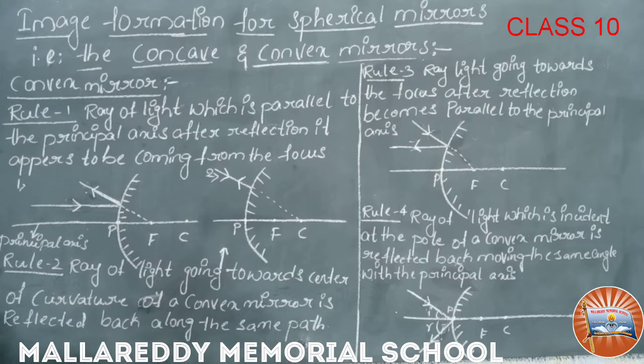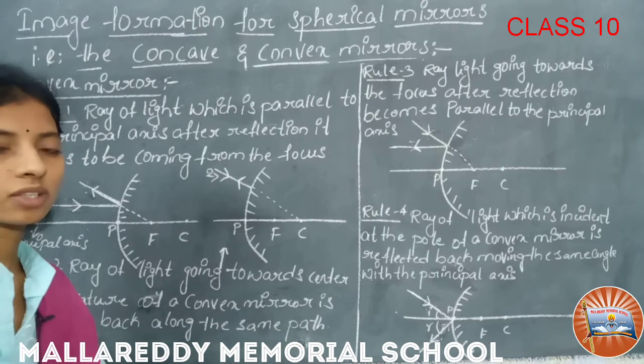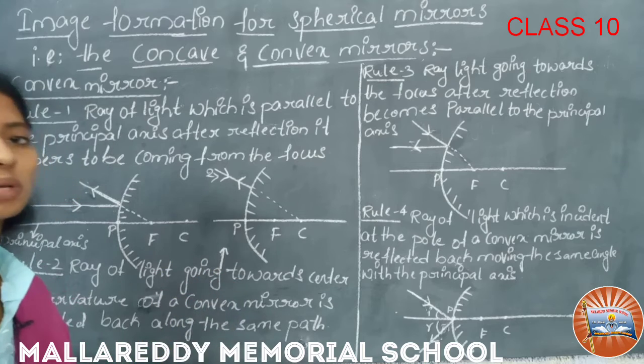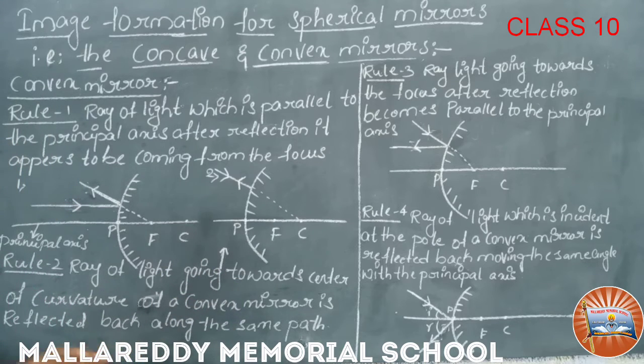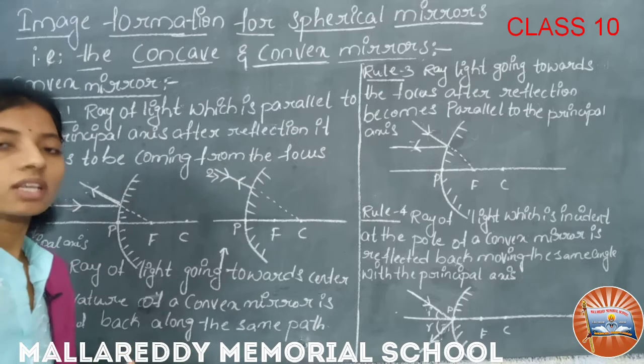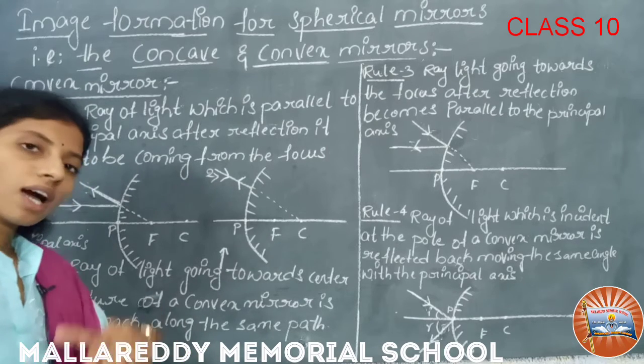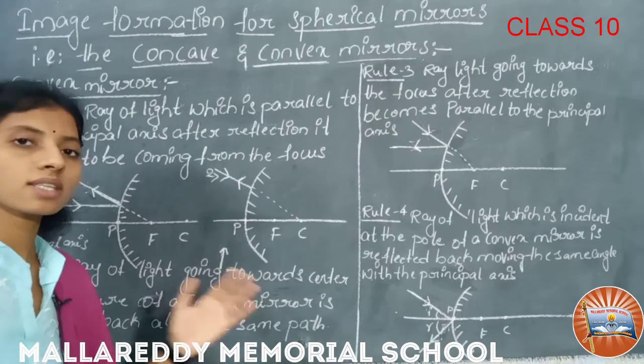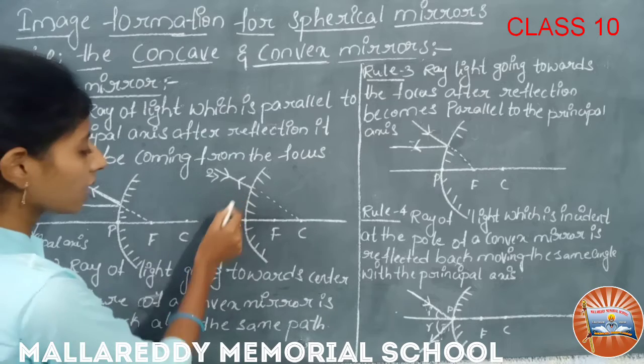Now see rule 2. The ray of light going towards the center of curvature. The incident ray going through the center of curvature is reflected back along the same path, like the concave mirror. See here the diagram.